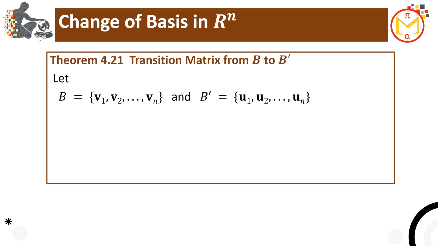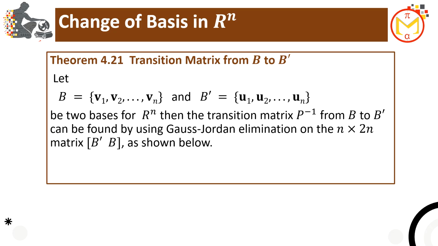So the transition matrix from B to B prime: let B be the set of vectors V, and B prime the set of vectors U sub 1 up to U sub n. Then these two bases are in Rn.